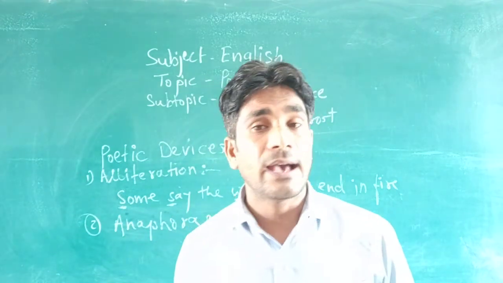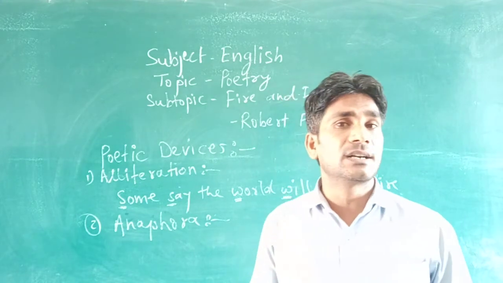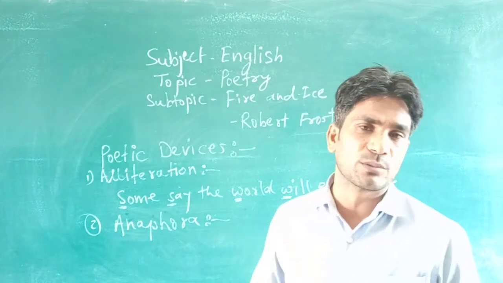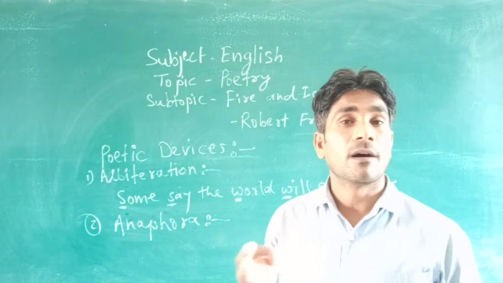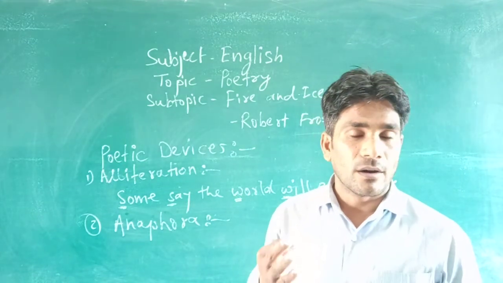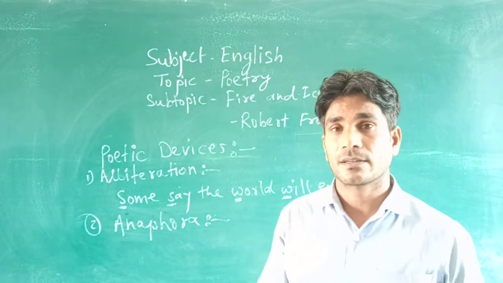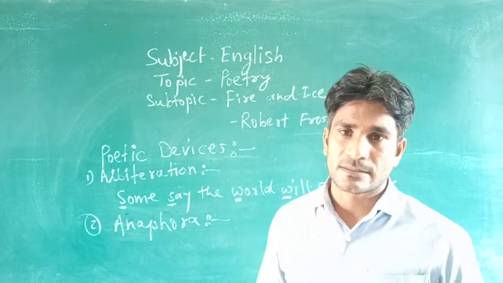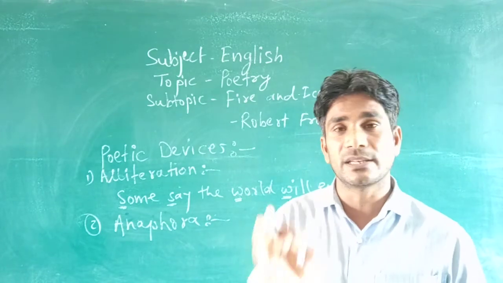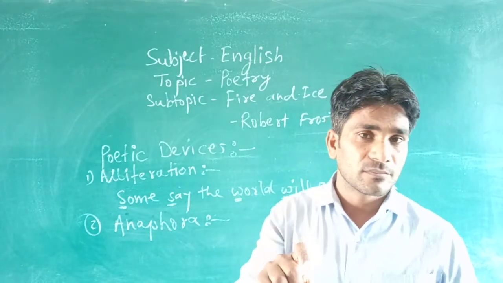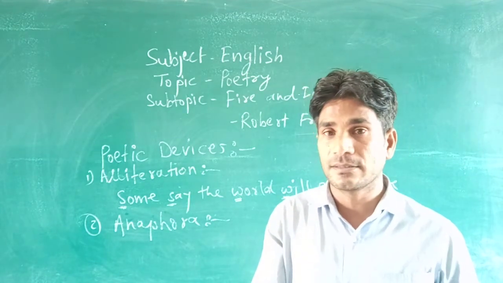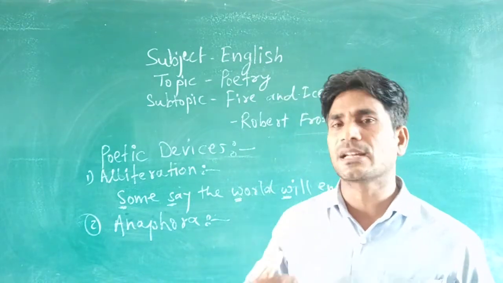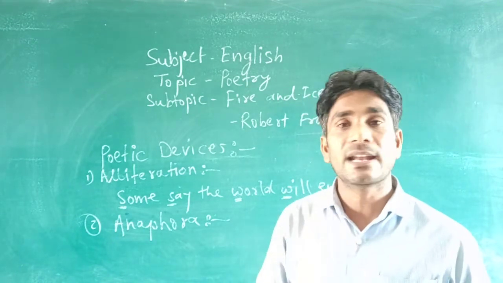As I taught you, anaphora means when a word or words or a phrase at the beginning of a line is repeated in the next consecutive lines at the beginning. मतलब beginning में ही, शुरुआत में ही किसी लाइन के शुरुआती शब्द या एक से ज़्यादा शब्द हो सकते हैं या कोई फ्रेज भी हो सकती है, but it is repeated in the next consecutive lines. कॉन्सिक्यूटिव बिल्कुल उसके बाद आने वाली लाइन्स पे बिगिनिंग में ही अगर रिपीट होती है, so that is anaphora.